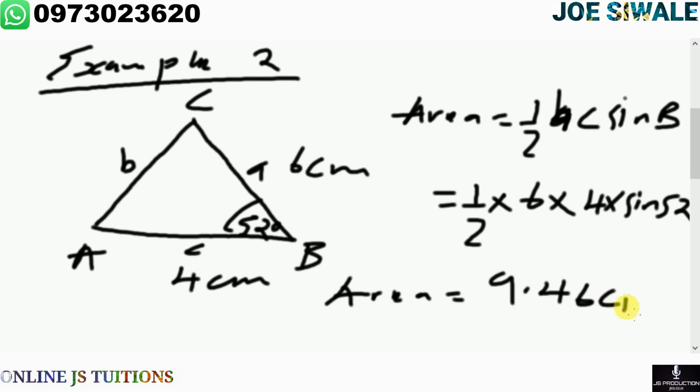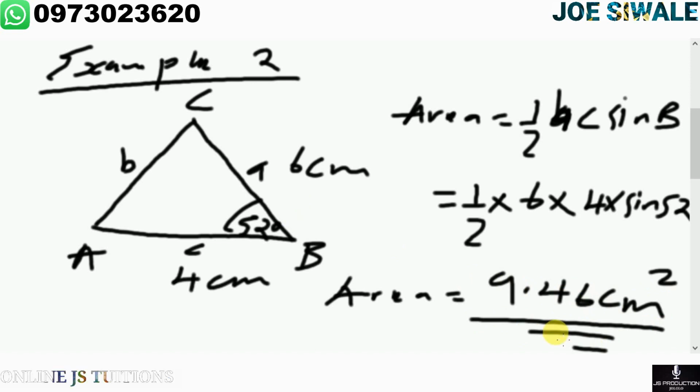Sorry, not cubic. Cubic is the measurement of volume, but this is 9.46 squared centimeters. And I think for the first example I said squared centimeters, it was supposed to be meters because the lengths we are given are in meters. So that's all about area. Where you have some difficulties, you can ask the questions in the group. Thank you.